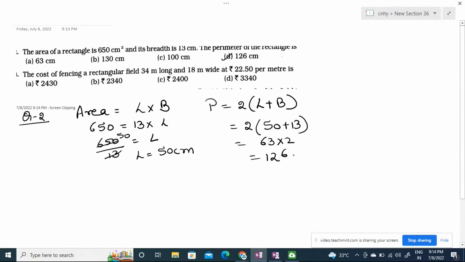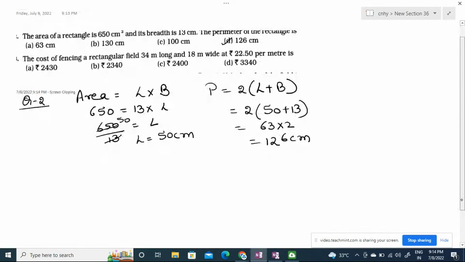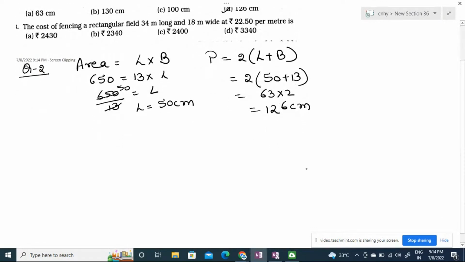Three options. The cost of fencing we have to find. In order to find the cost, find the perimeter of the field. Whenever there is a cost, it is perimeter into cost per meter.